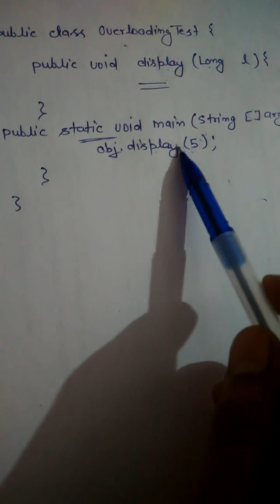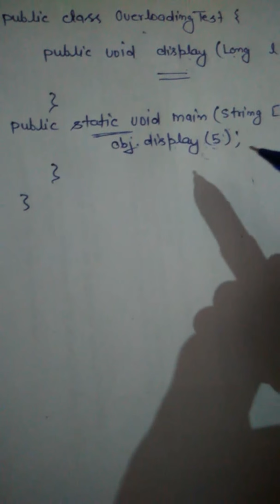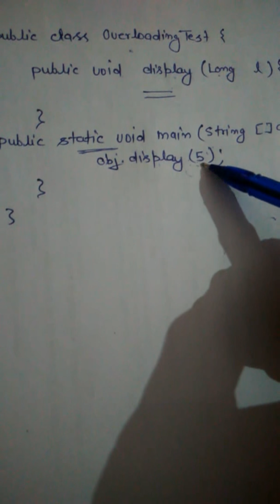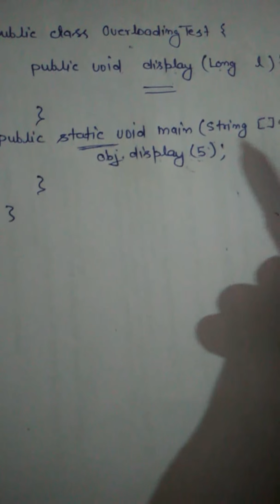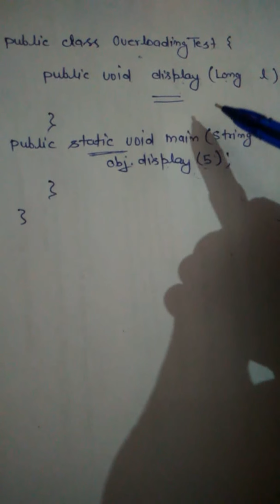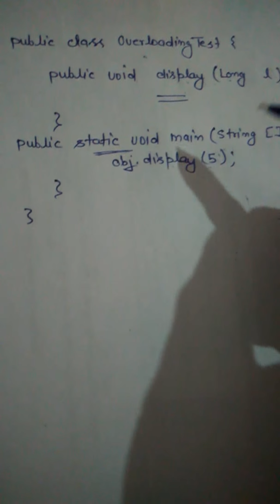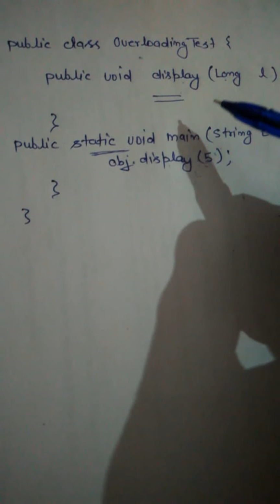But okay, I am invoking the display method, and at the time of invocation I am passing a primitive integer as an argument. When the compiler executes this program, it will find whether there is any method with the name display which accepts the primitive type of integer.